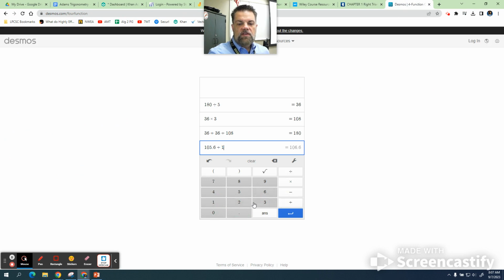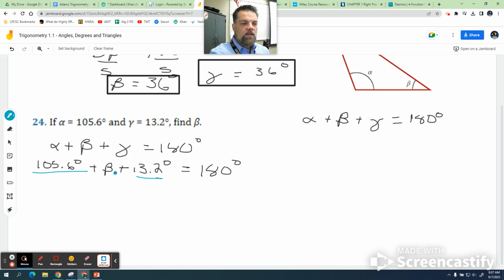That's 118.8. 118.8 degrees plus beta is equal to 180. I'm going to subtract 118.8 from both sides.